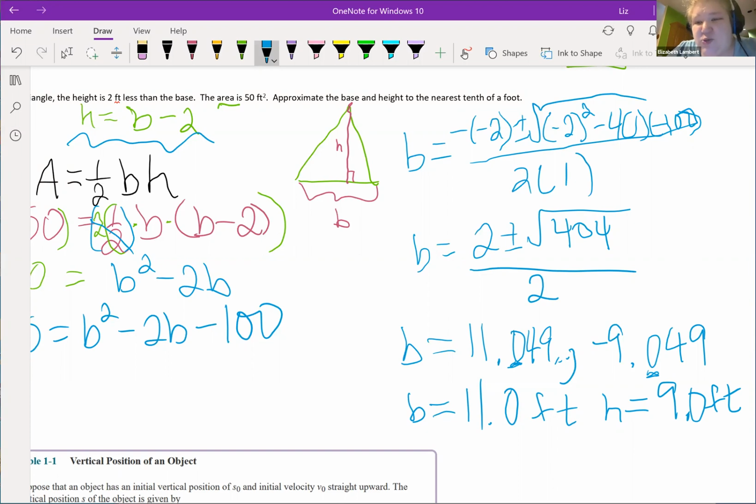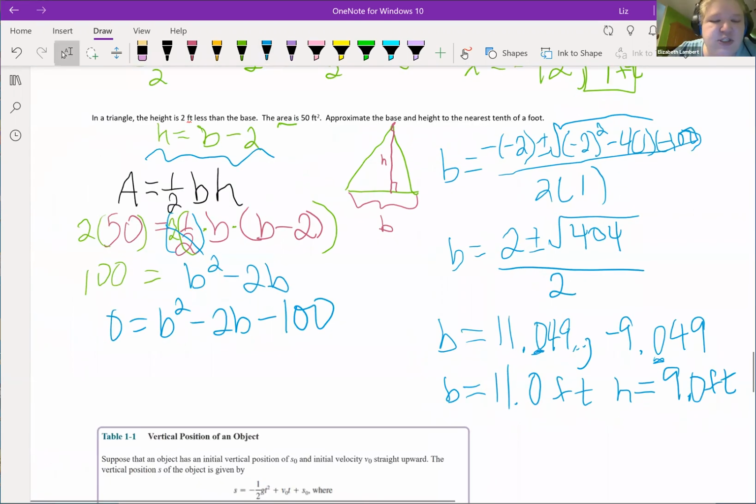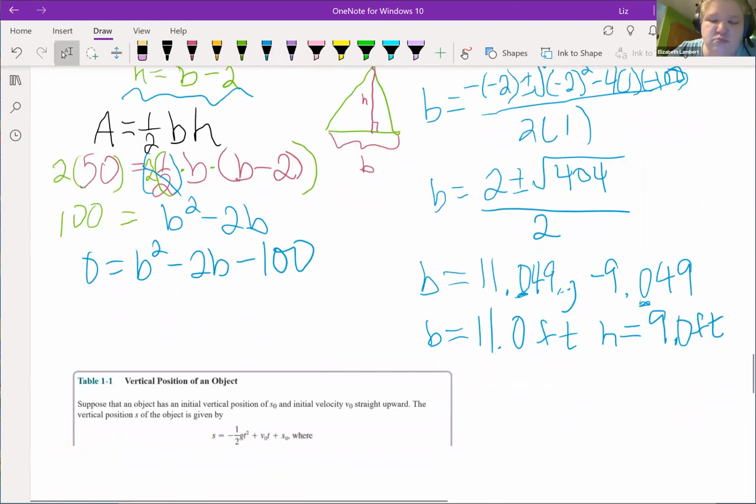Now if you look, this was really close to 9.1 and 11.1, but that's just the way the rounding fell. I personally would like to see 11.0 and 9.0, because that's basically where the significant figures are, if you will, but not that mathematicians talk about significant figures.